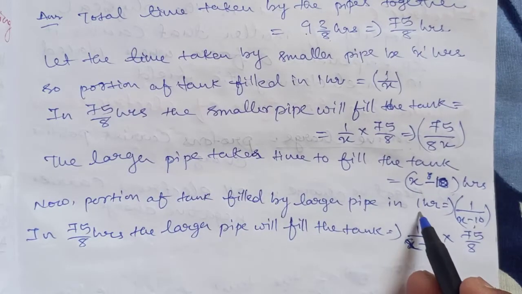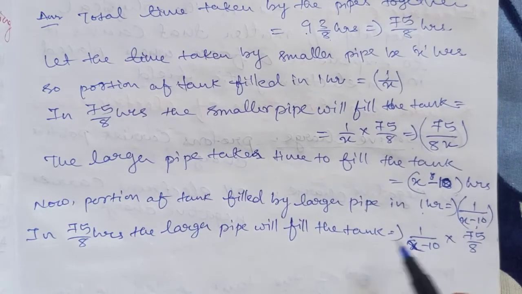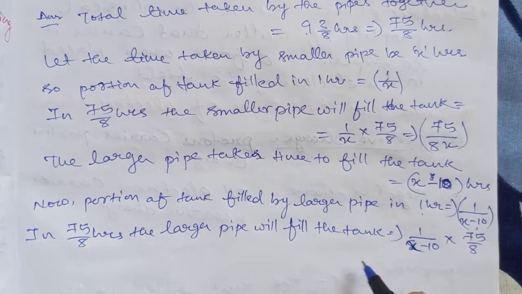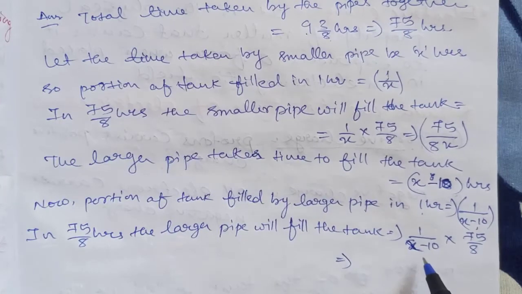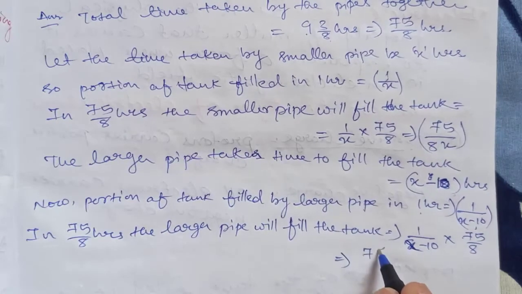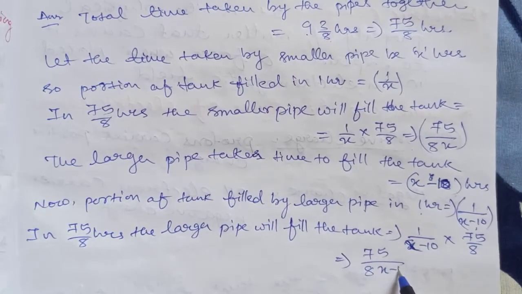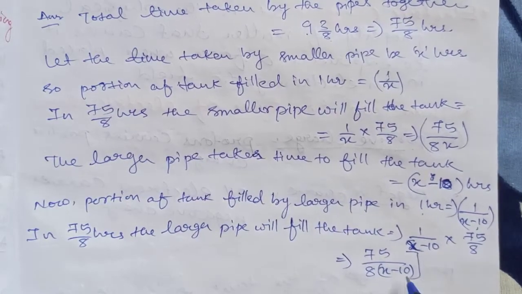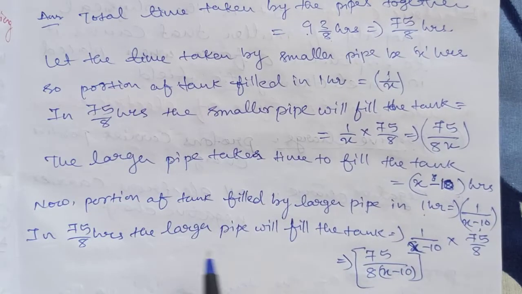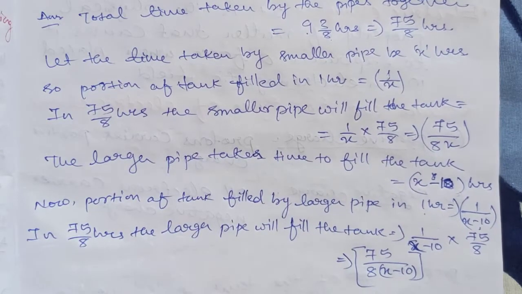If in 1 hour it fills 1/(x minus 10) portion, then in 75/8 hours it will fill 75/8 into 1/(x minus 10) portion, that is 75/(8(x minus 10)). This much portion of the tank will be filled by the larger pipe in 75/8 hours.